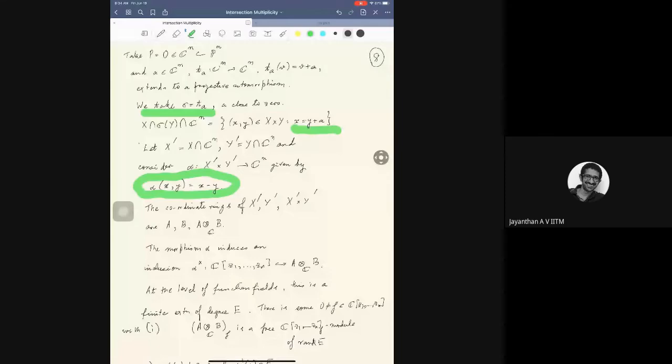So I've just called X prime and Y prime the intersection of X and Y with the corresponding affine space C^n, like the first chart, let's say the 0th chart. So I have this difference map alpha, which goes from X prime cross Y prime to C^n, and I want to take the inverse image of A.